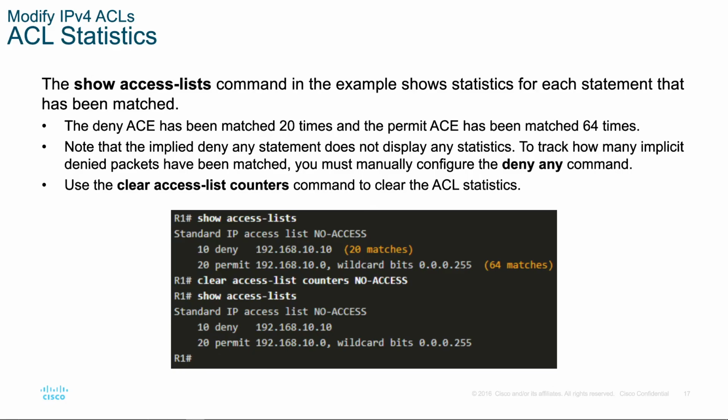These are a counter and can be reset at any time that you wish. So clear access list counters can clear the counters for all counters on the device, or you can specify just to clear the counters against a specific access list, depending on what you're trying to do.